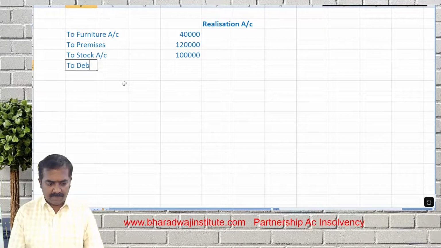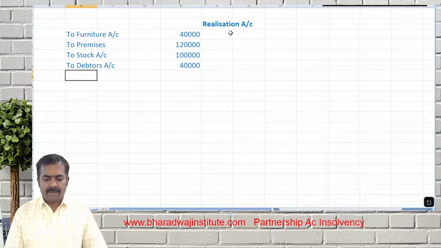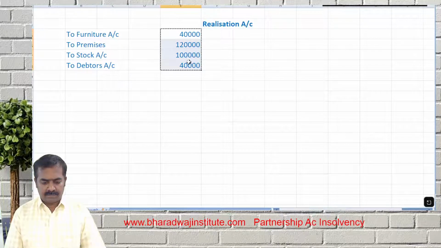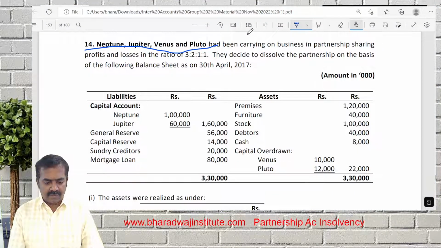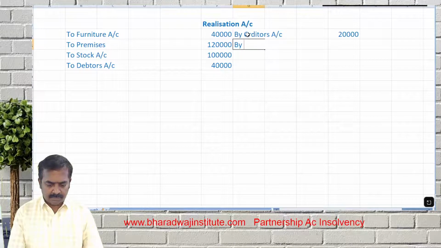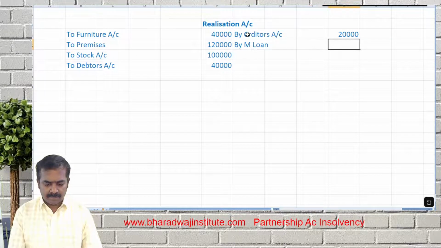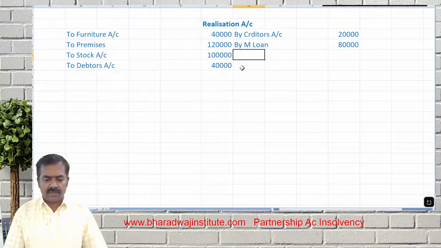Debtors 40,000. Then credit side or liability side இருக்கு பாருங்க. Creditors, then mortgage loan how much? 80,000. That's all, general reserve etc. will go to partners' capital.